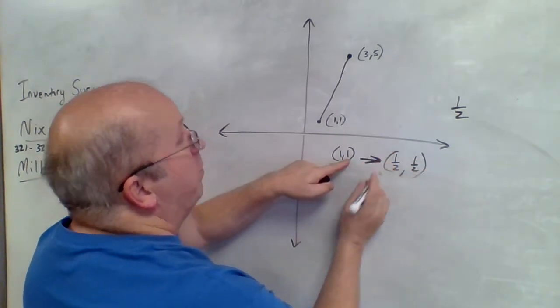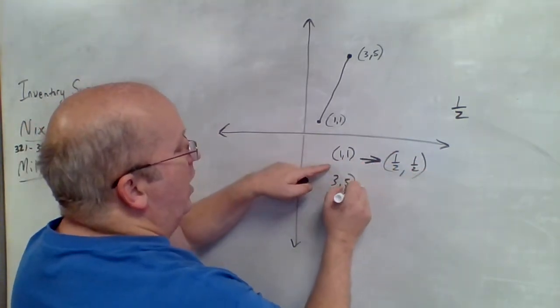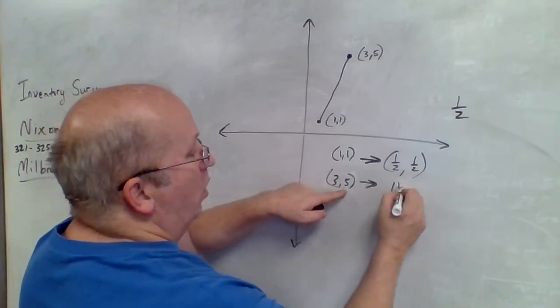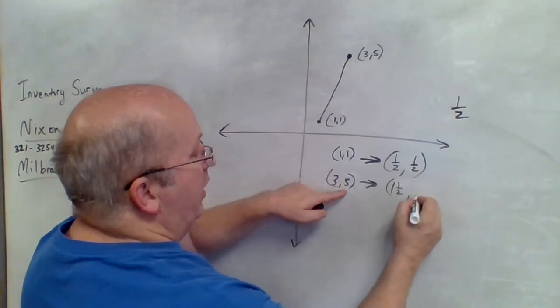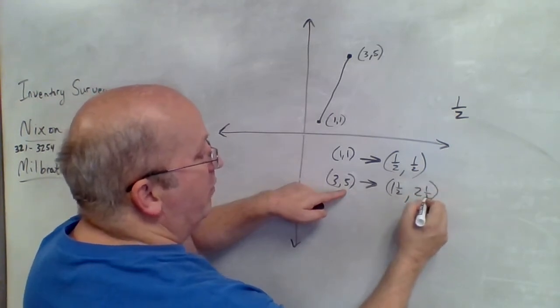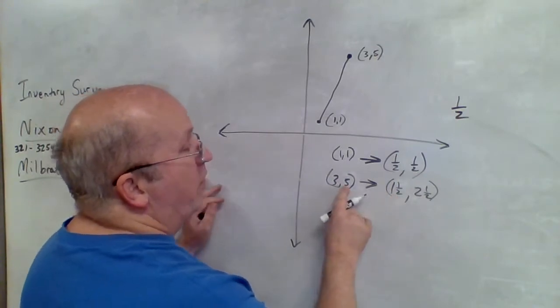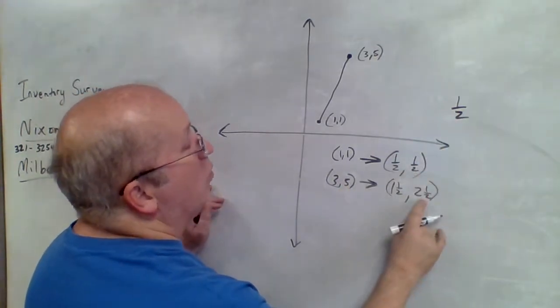Take 3, 5 and multiply those by 1/2: 3 times 1/2 is 1 and 1/2, and 5 times 1/2 is 2 and 1/2.